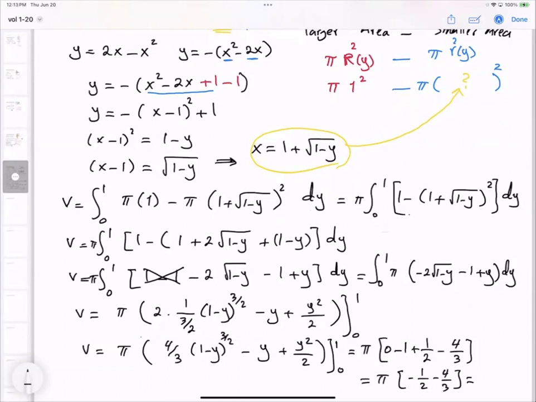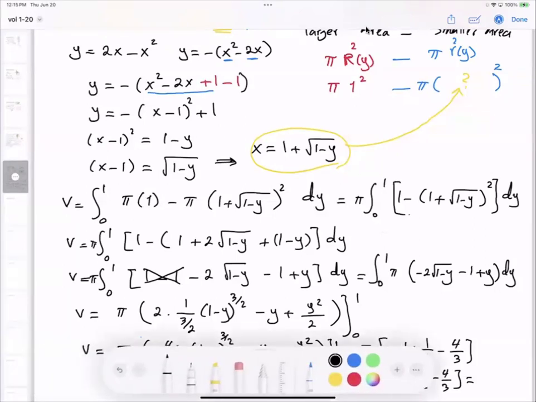Okay, we took that one out, minus y plus y squared divided by 2. Okay, it should be negative. I forgot a negative sign here.